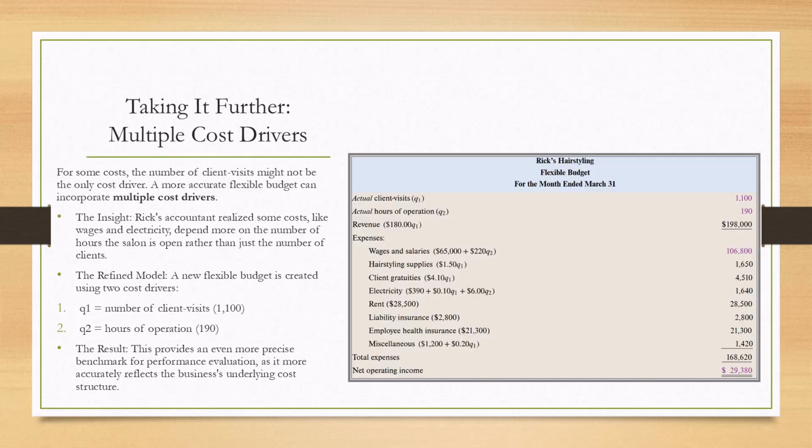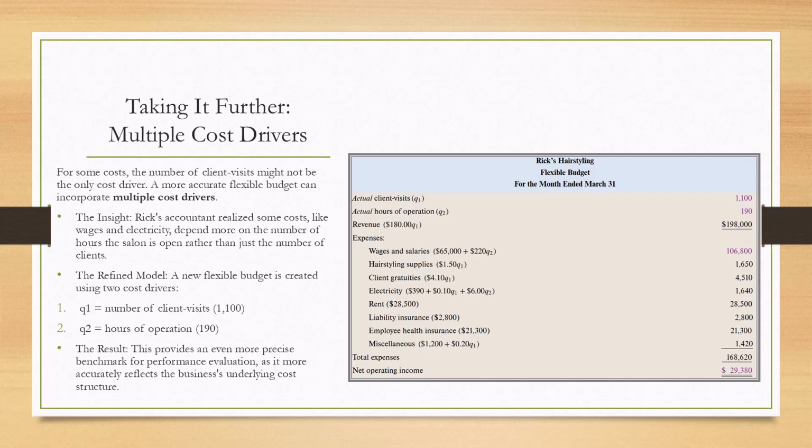For even greater accuracy in our analysis, we can use a flexible budget that incorporates multiple cost drivers. For some of Rick's costs, the number of client visits might not be the only thing driving the expense. For example, Rick's accountant realized that some costs, like wages and electricity, likely depend more on the number of hours the salon is open than just the number of clients served.